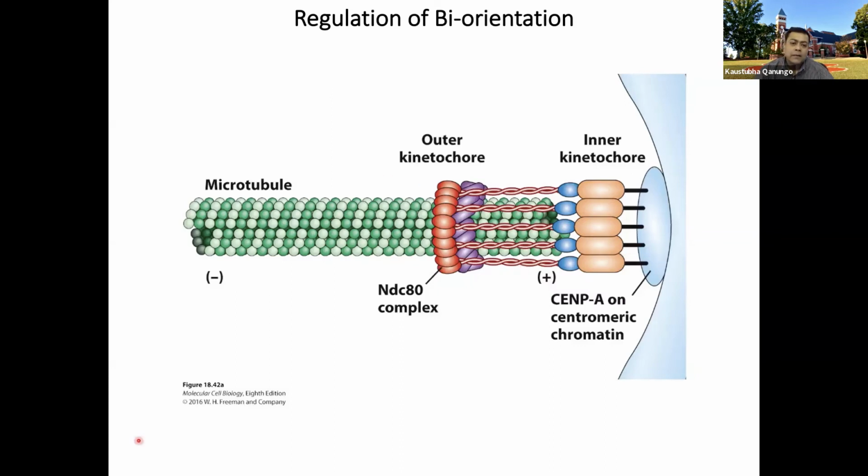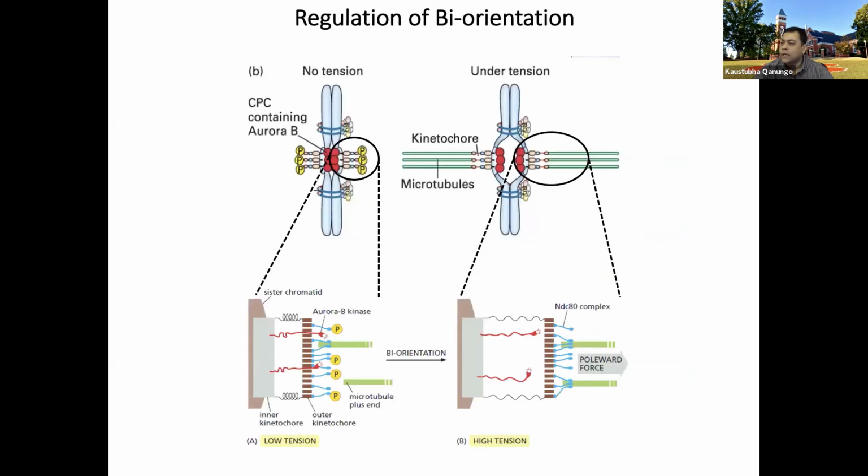What happens when it becomes dephosphorylated right here is that there is no Aurora B kinase, because of the development of these forces. As more forces develop, there will be more dephosphorylation of the NDC80 complexes.